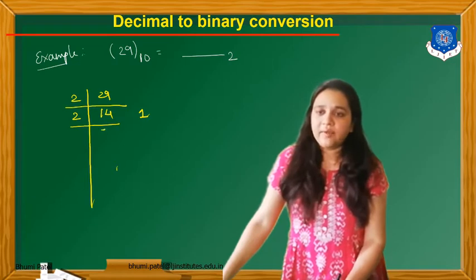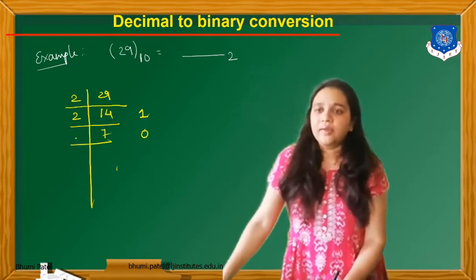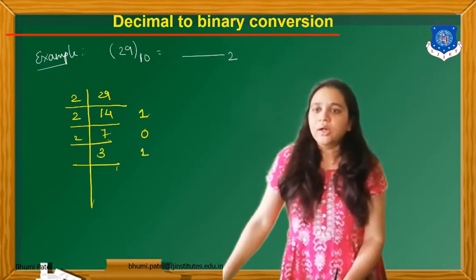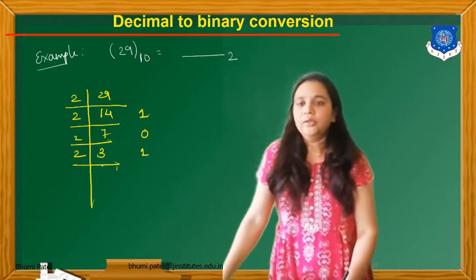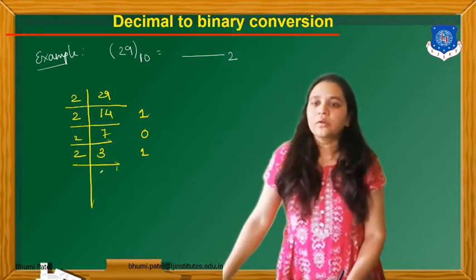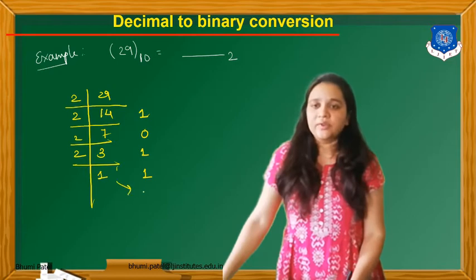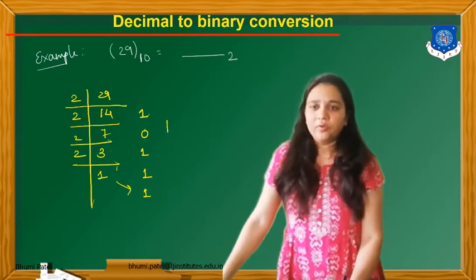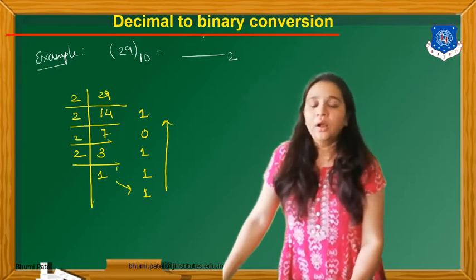Again 2 sevens are 14, so 0. Again divide by 2, 3, here 1. Again 2, here 1, and we write here 1, and the last one is here, and we have to write the answer from bottom to upper layer.